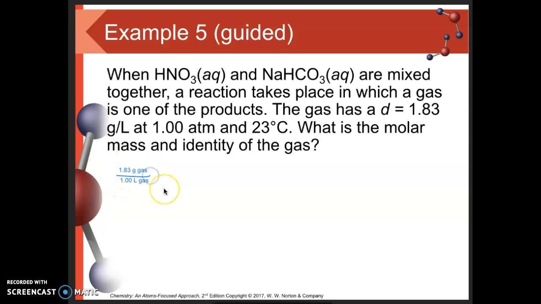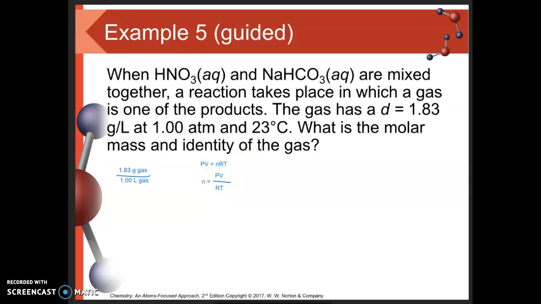Now, we also, from this information, know that this 1 liter of gas is also at 1 atmosphere of pressure and 23 degrees Celsius of temperature. So, using the ideal gas law, where PV is equal to nRT, if we rearrange that, n, number of moles, is equal to PV over RT.